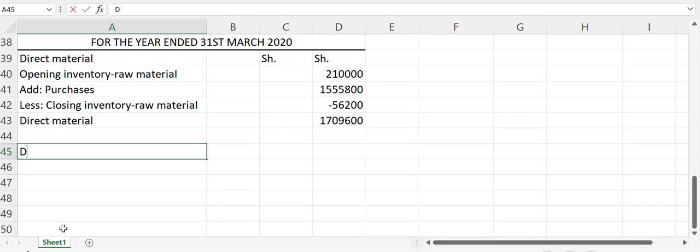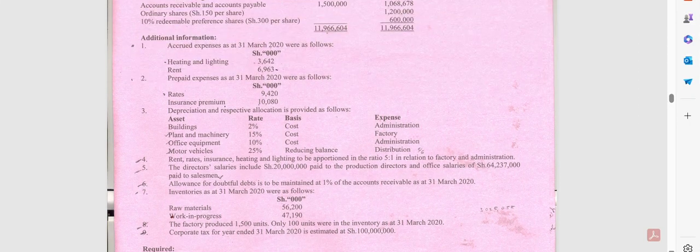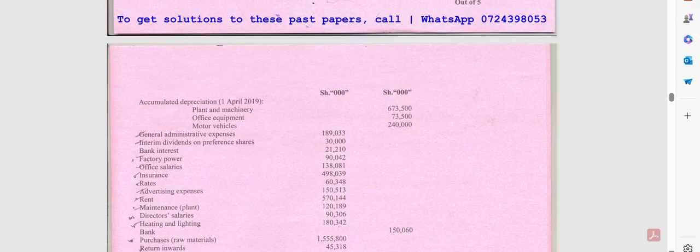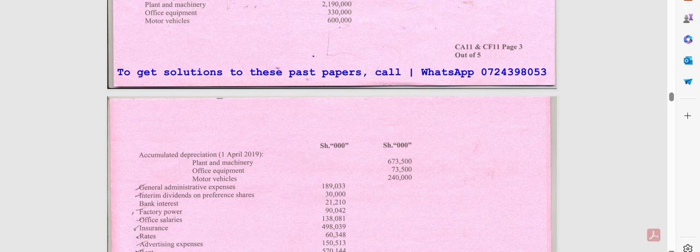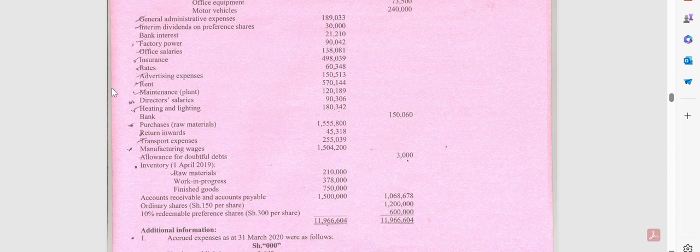After that, we go to direct labor. These are the direct wages to people working at the factory. Again, you come back to the trial balance and check for wages. Factory power, office salaries, rates, advertising, maintenance, plant, director, heating, those are indirect.